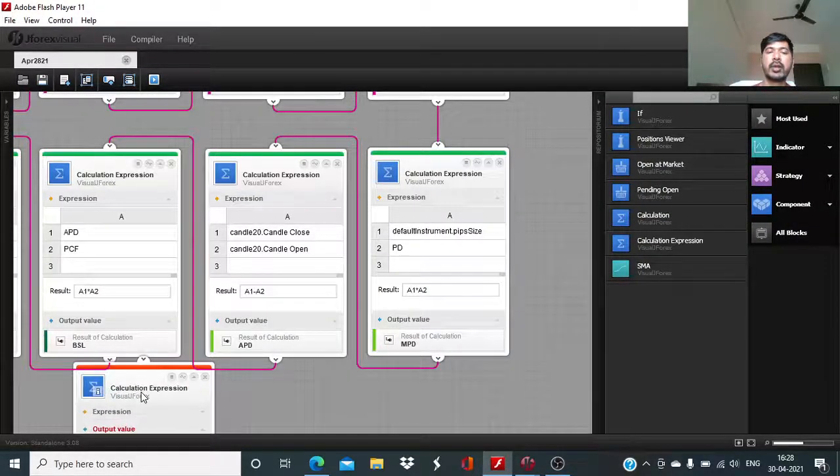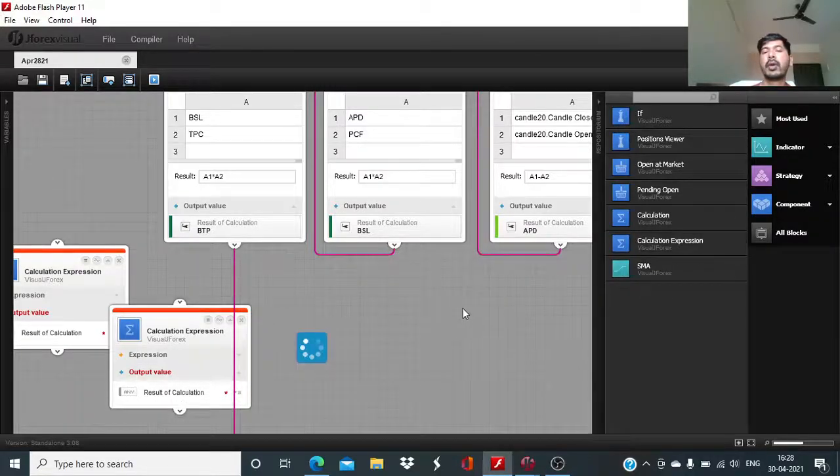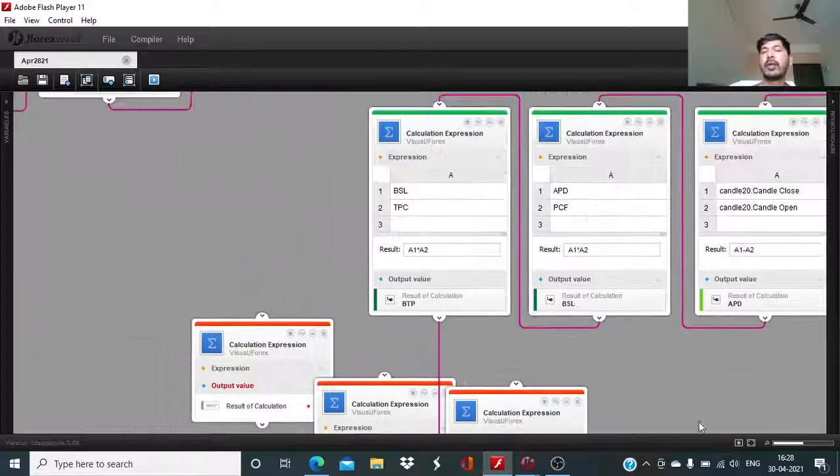We are going to need three of these at the minimum. So I will take this in one go. Stop loss and target price we will define later on.